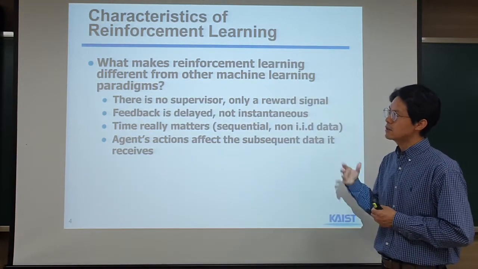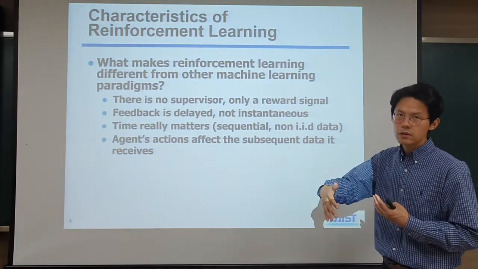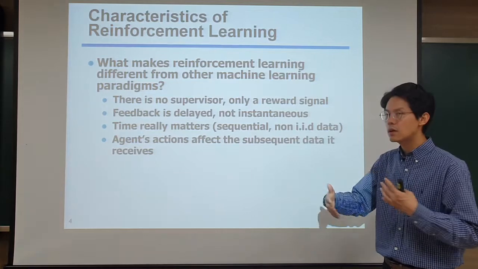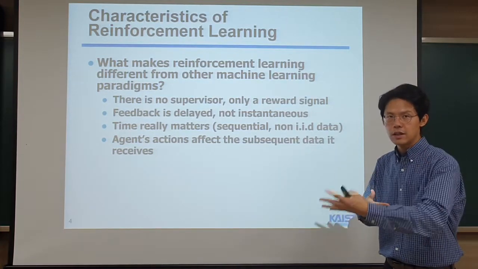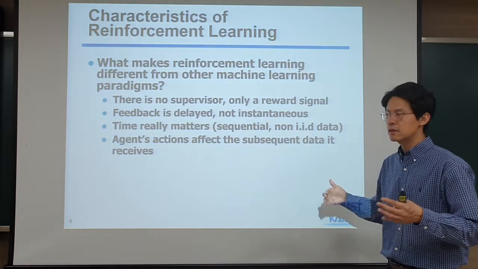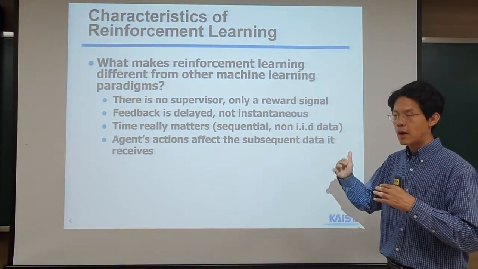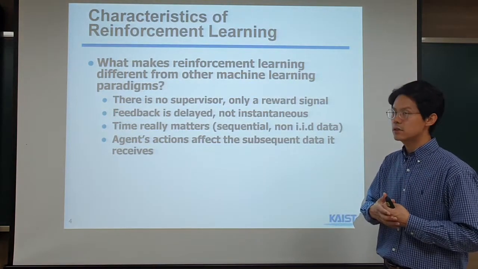In the RL case, we take some action and we get some reward and observation, and then based on that, we take another action. Overall, we want to achieve this accumulated reward by taking a series of these actions.